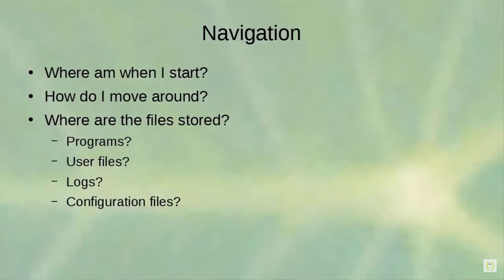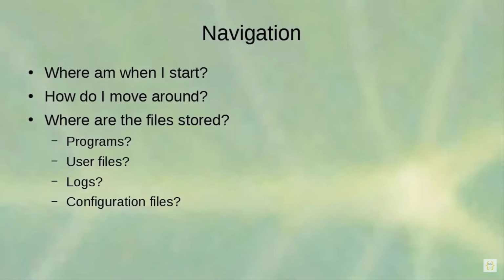Then you figure out, well, where is everything stored? Well, programs and user files and logs and configuration files are all stored in different places. The programs are usually stored in the /usr directory, but sometimes they're stored in the /opt directory, and sometimes they're stored in the /bin directory or /sbin. It depends on which programs you want.